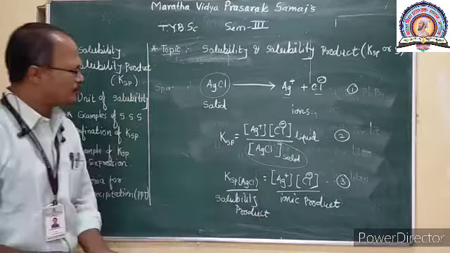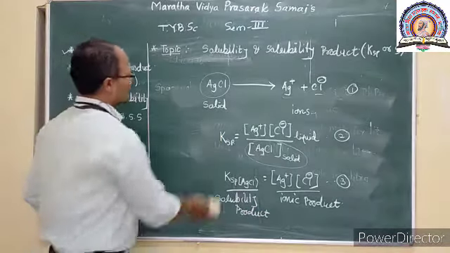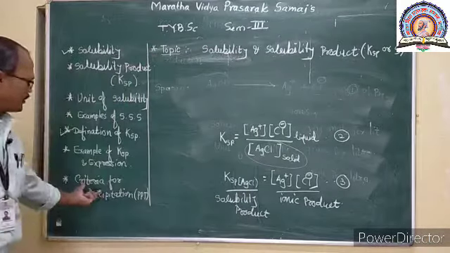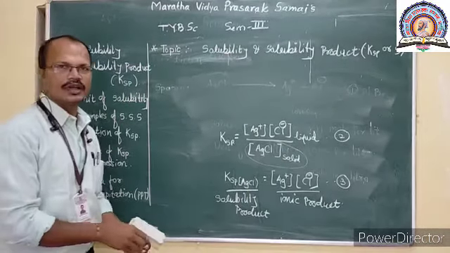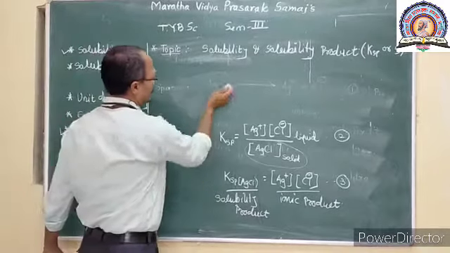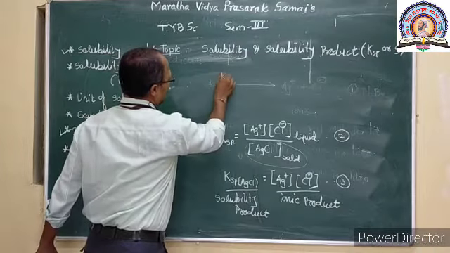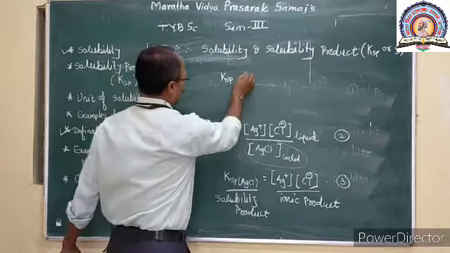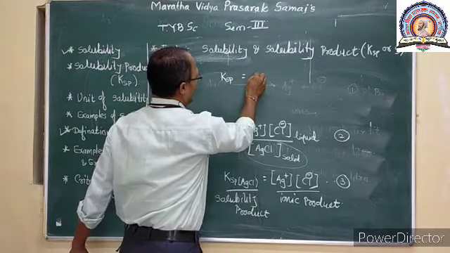On the basis of the ionic product and the solubility product, we can give the criteria for precipitation. What is the criteria? For example, KSP is equal to the ionic product.